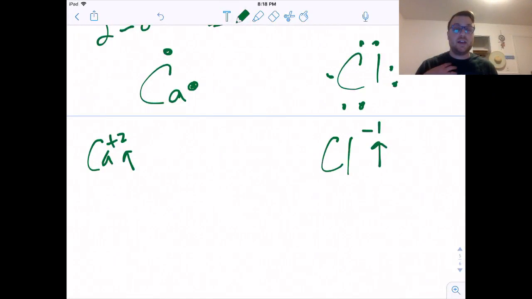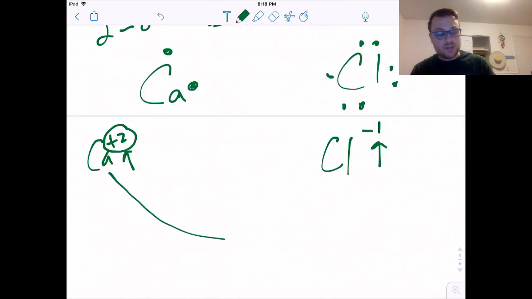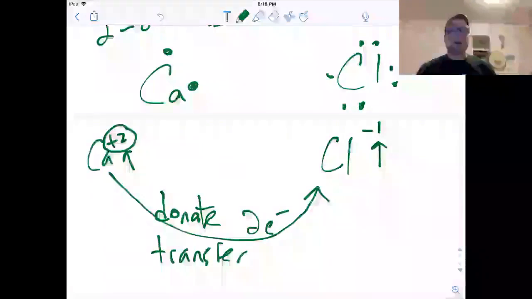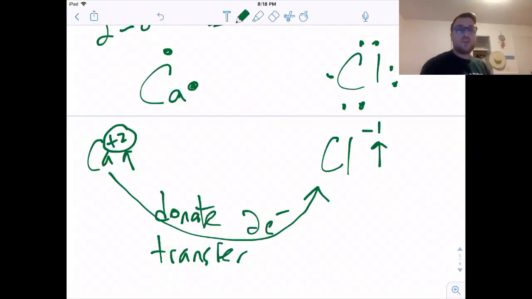So calcium, since it's got that +2 charge, has 2 to donate. So calcium is going to try to donate or transfer 2 electrons to chlorine. But chlorine only needs 1 more to become a stable octet, to have those 8 valence electrons.